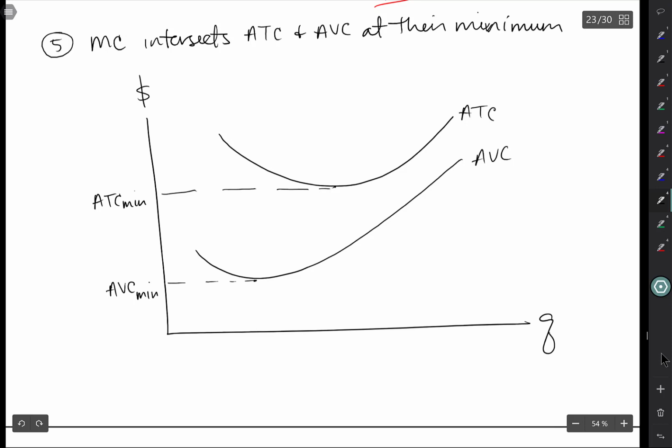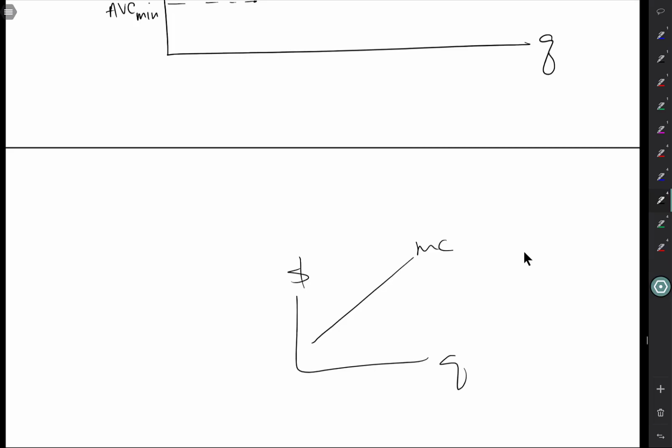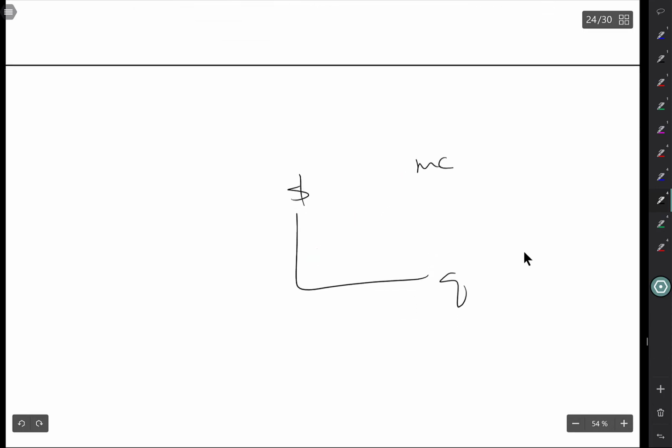And now I'm going to carefully draw my marginal cost curve. Remember, marginal cost can be like that. So marginal cost can immediately pick up, which means marginal productivity immediately started to diminish. Or it can have the little Nike swoosh. I happen to like the Nike swoosh.